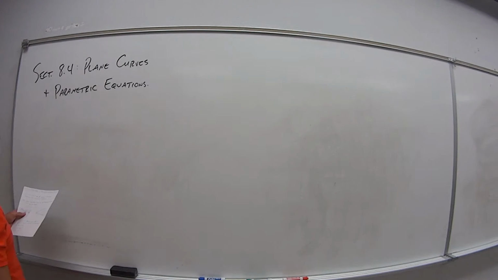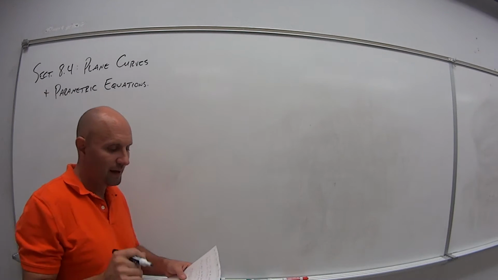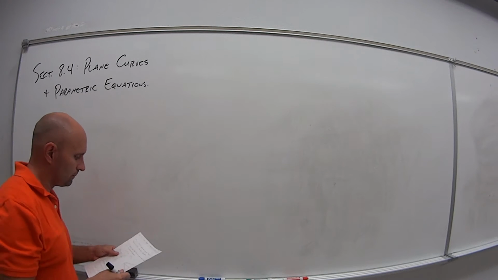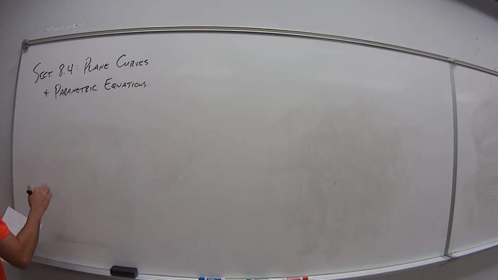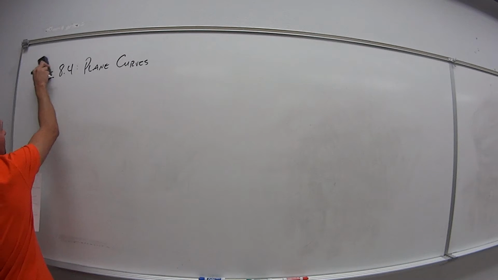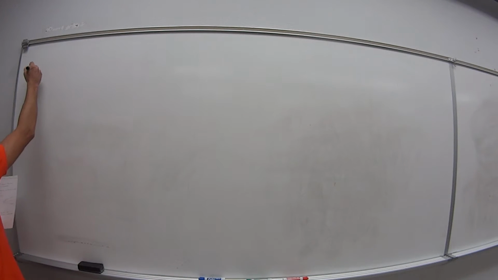So within this section, we're only going to look at sketching parametric equations and eliminating the parameters. Those are the two things we're going to be doing. So let's look at an example of the kind of problem you'll have to deal with.